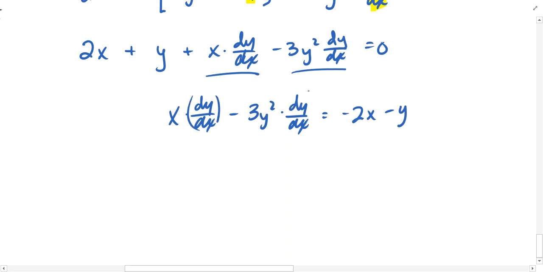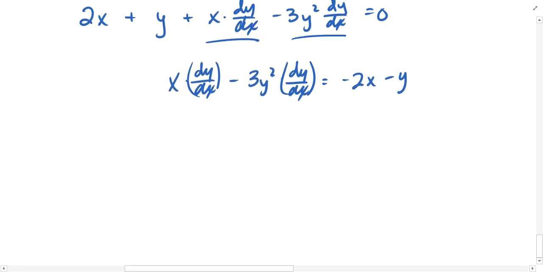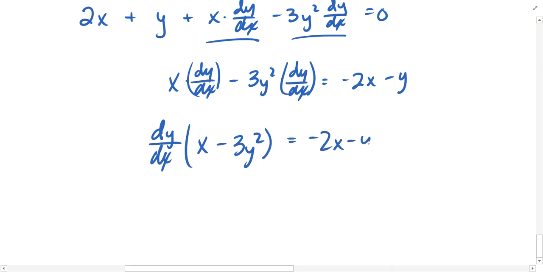Now, hopefully you notice that this dy/dx is multiplying by x and also multiplying by 3y squared, so it's acting as a common factor. So I'm going to factor dy/dx out of the term x minus 3y squared. And by doing so, hopefully you see what we're going to do next.